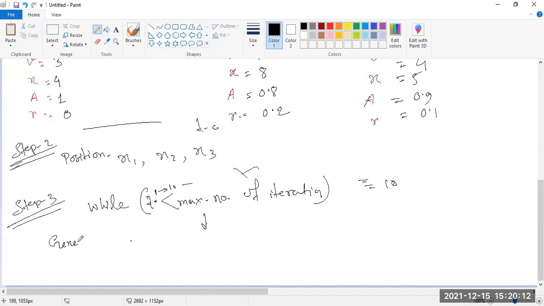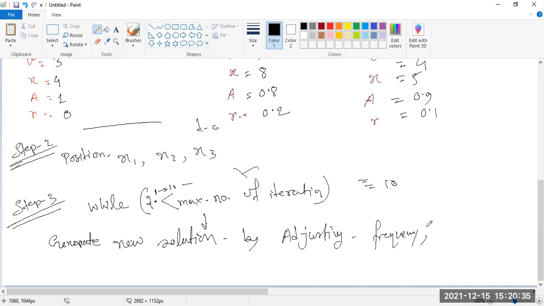Then generate a new solution by adjusting the frequency and updating the velocity and the position.